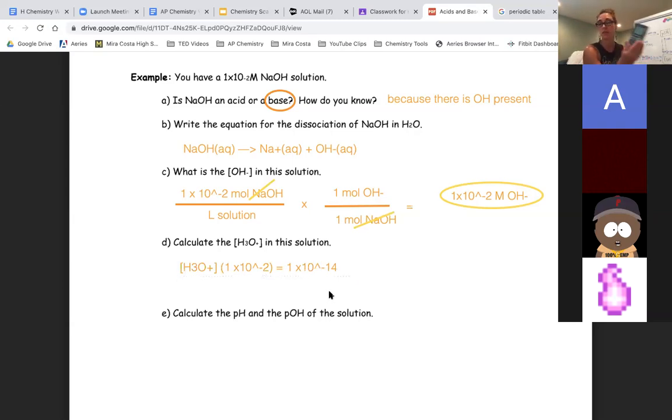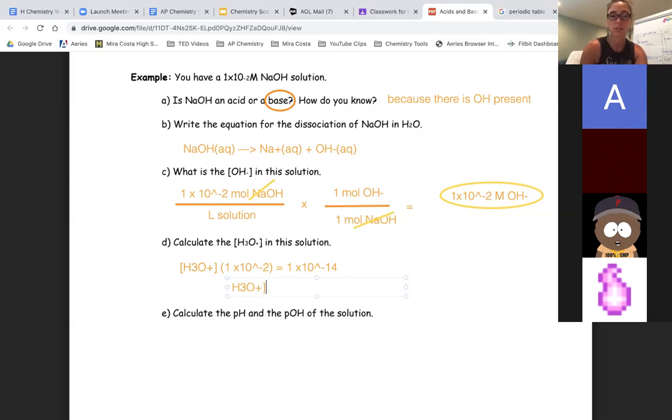So all you have to do is plug and chug into your calculator. Don't forget to put parentheses around anytime you have scientific notation in the denominator. So I'm going to do 1 times 10 to the negative 14th, or 1 EE negative 14, divided by parentheses 1 EE negative 2, close parentheses, and I get a hydronium ion concentration, H3O plus.